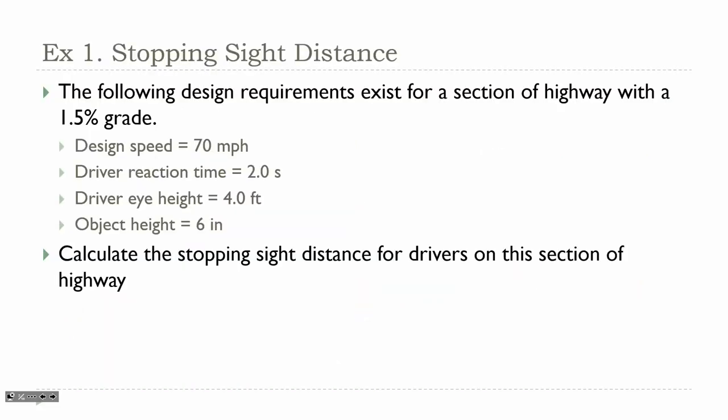All right, stopping sight distance. The following design requirements exist for a section of highway with a 1.5% grade. Calculate the stopping sight distance for drivers on this section of highway. Using that same equation, stopping sight distance equals 1.47. Speed, again, we leave it in miles per hour because of that conversion factor. We're given a reaction time of 2 seconds here.